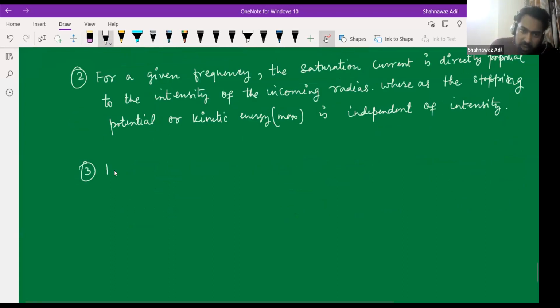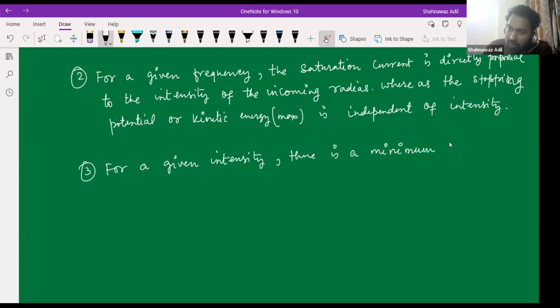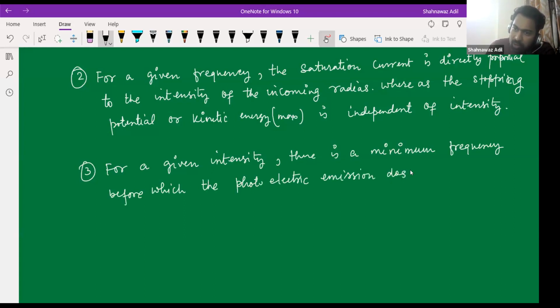So then, for a given intensity, now we are fixing the intensity, there is a minimum frequency before which photoelectric emission does not happen, and that frequency is called the threshold frequency.